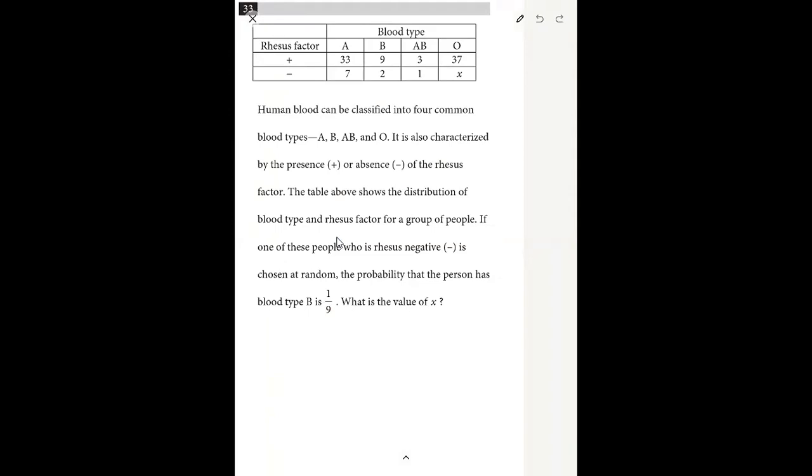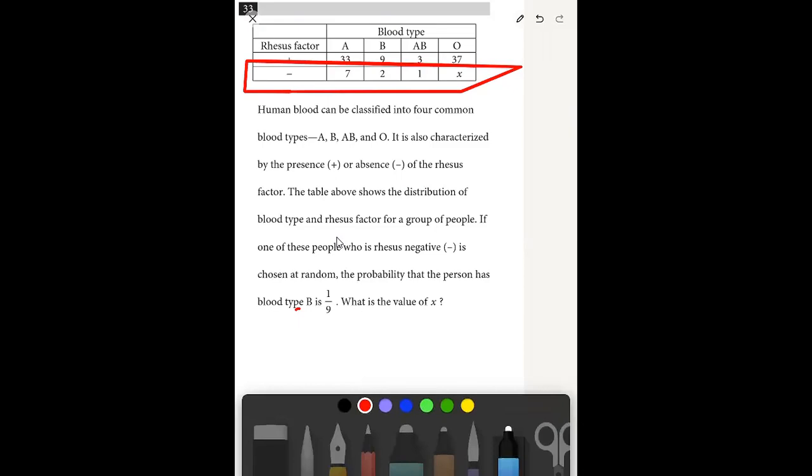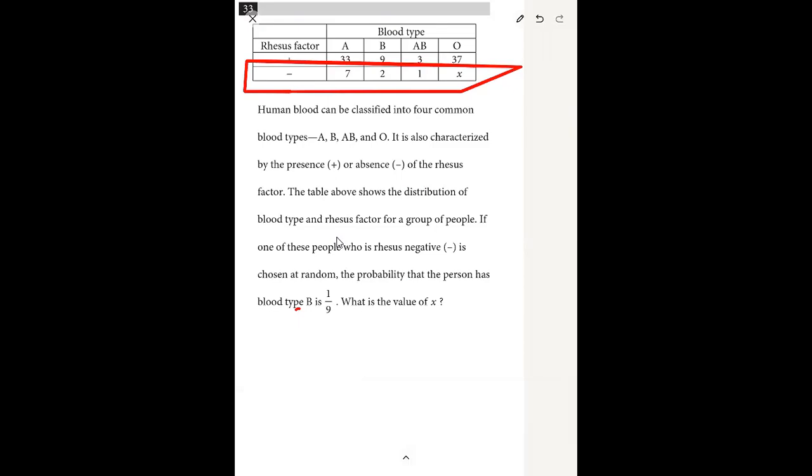If one of these people who is rhesus negative is chosen at random, so we're going to be choosing from this group of people, the probability that the person has a blood type B is 1/9.